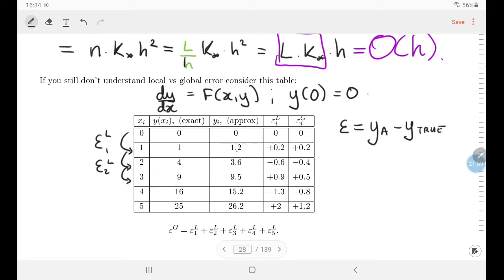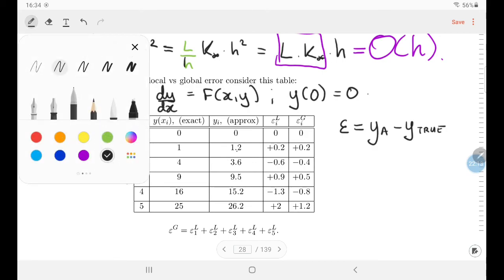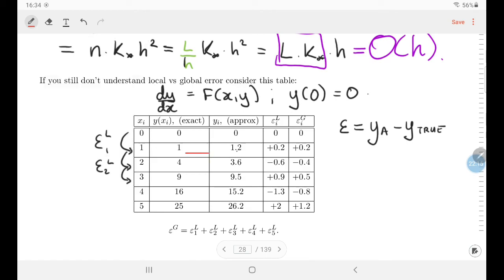Now we're only after one step, so the local error and the global error coincide. Now if you go again, this time this is increased by 3, this is increased by 2.4. So this has gone plus 3, but this has gone only plus 2.4. So this has underestimated the increase by minus 0.6. That's the local error here.